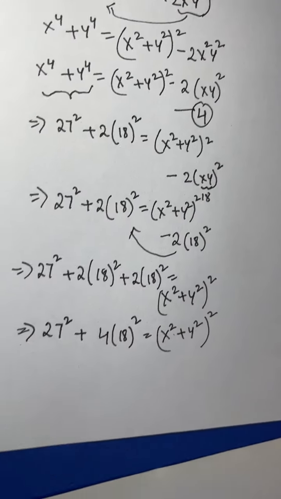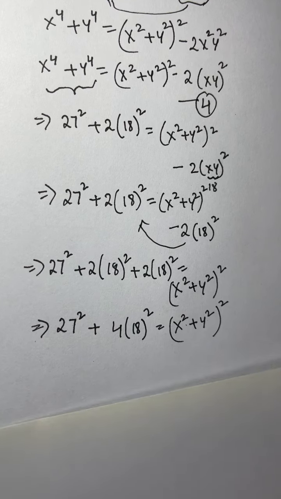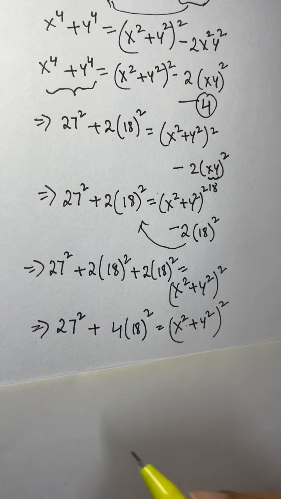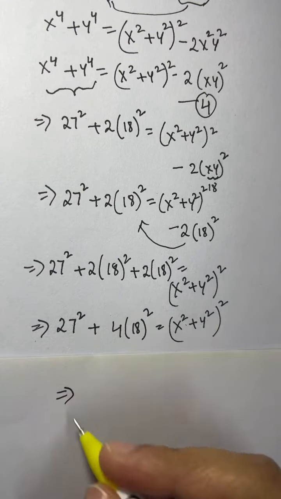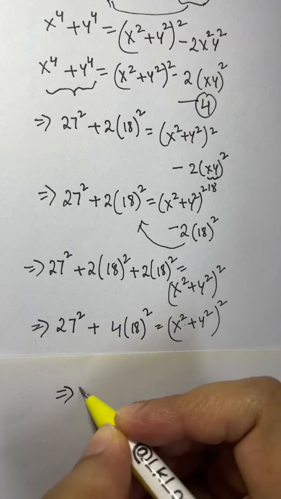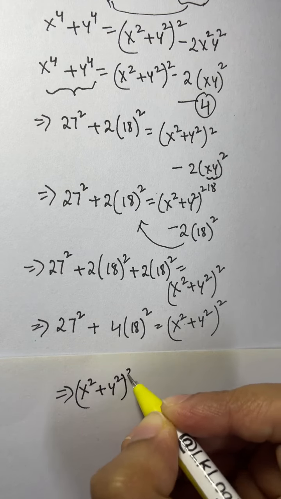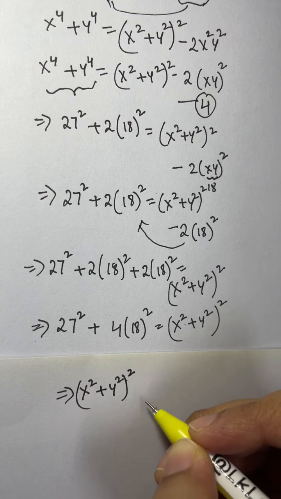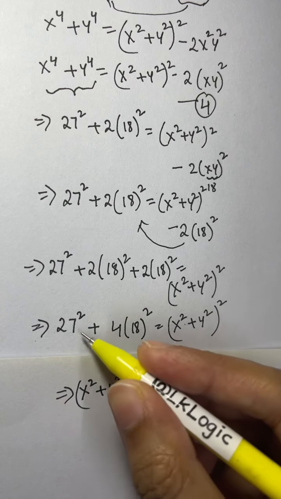Now I'm just going to split them apart. Let me write it down, this thing first. This part, x square plus y square the whole square, is equal to 27 squared.